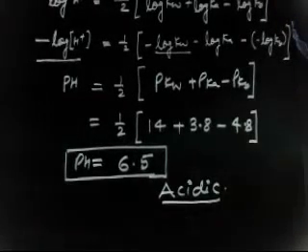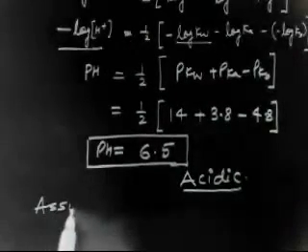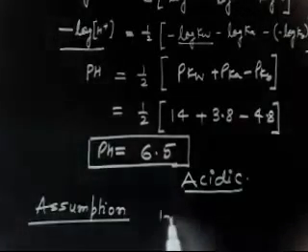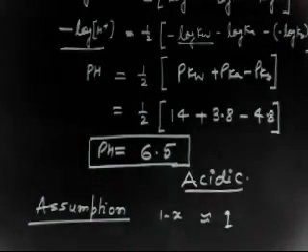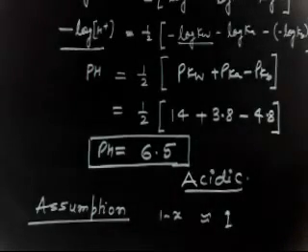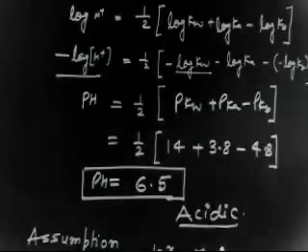If you want, we can check one assumption. The assumption is that 1 minus x is approximately equal to 1. Let us try to verify. So let us find the value of x. How can we find the value of x?